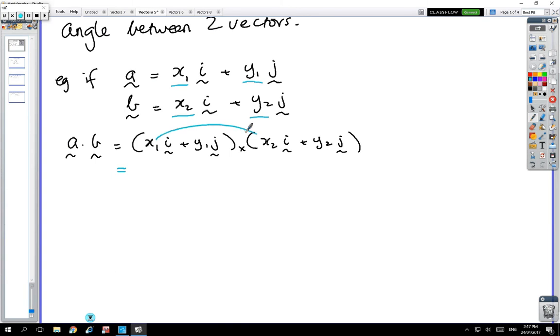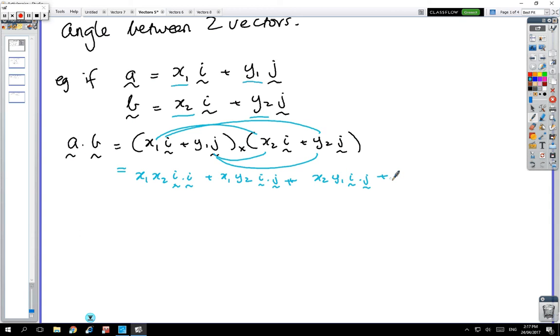Okay, so we're going to use the FOIL. So I've got x1 x2 i·i, plus x1 y2 i·j, plus x2 y1 i·j. I'm just doing alphabetical order, i, j, plus y1 y2 j·j.